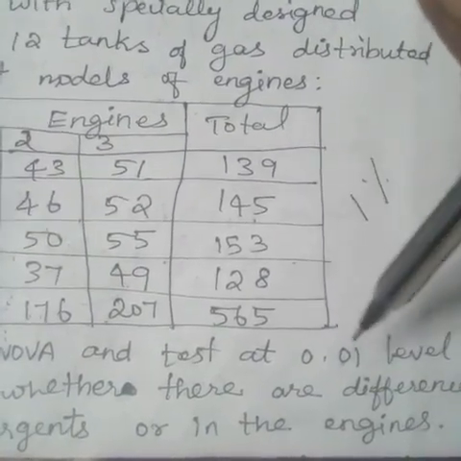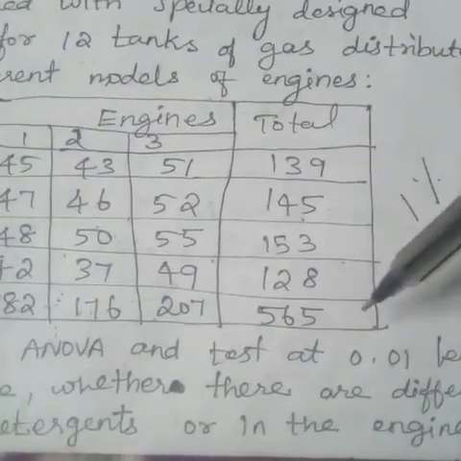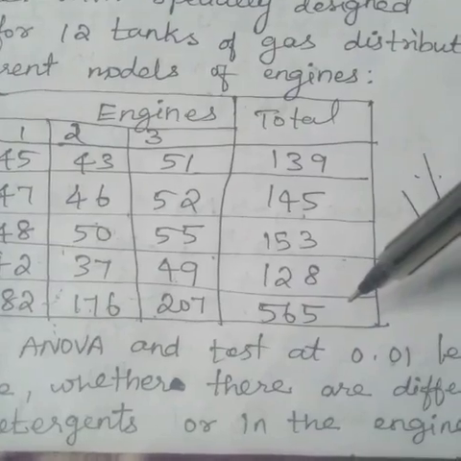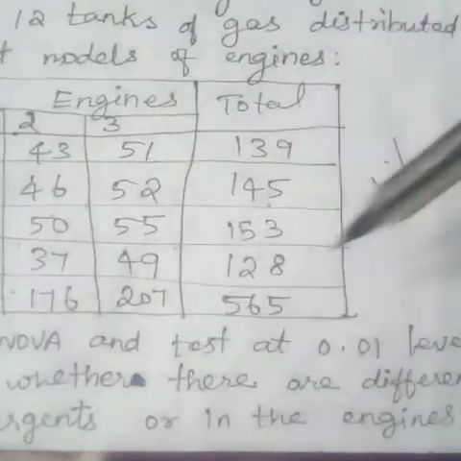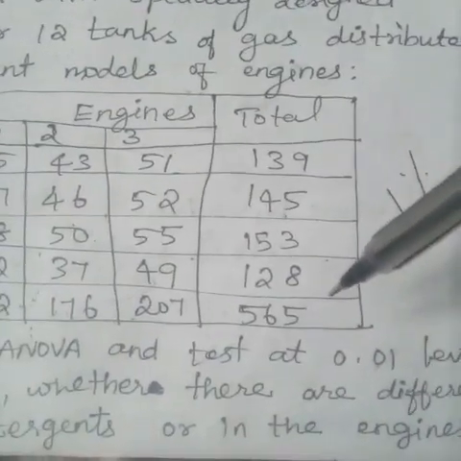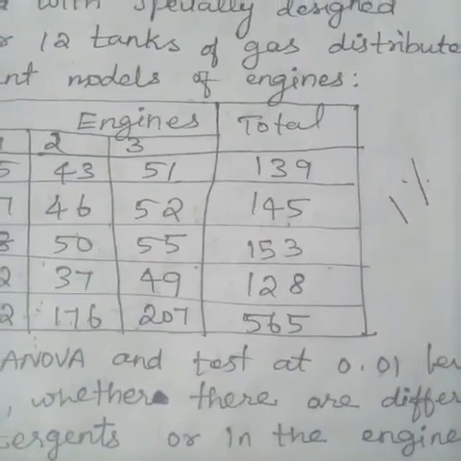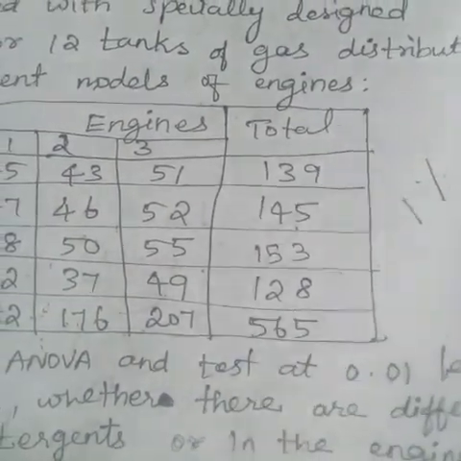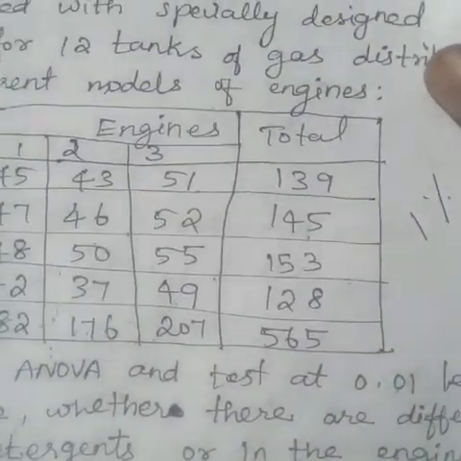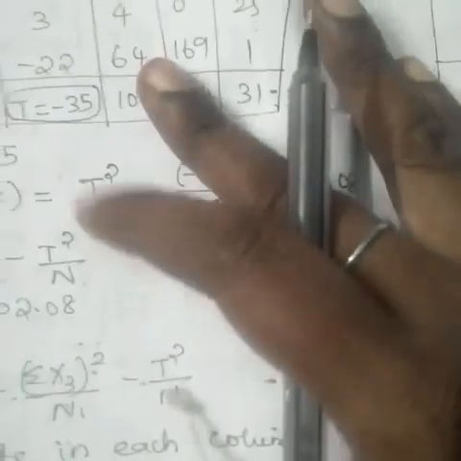So here LOS is 0.01; perform the ANOVA test at the 0.01 level of significance, whether there are differences in the detergents or in the engines. So if there are any differences or variations in engines or detergents, we have to check it.